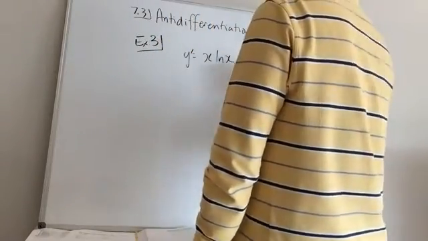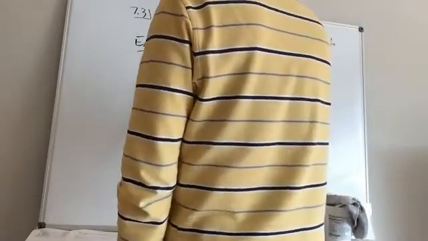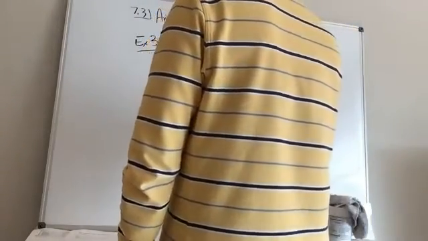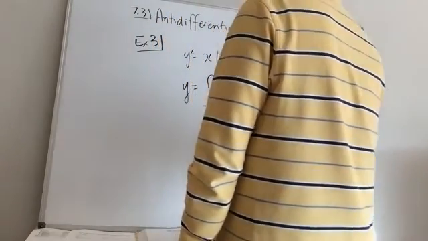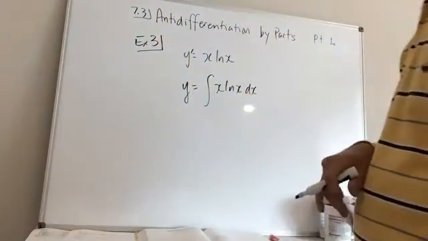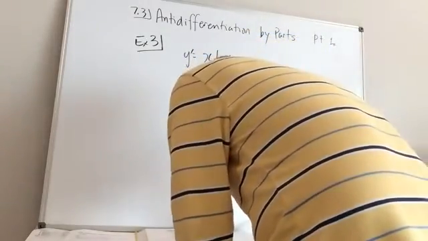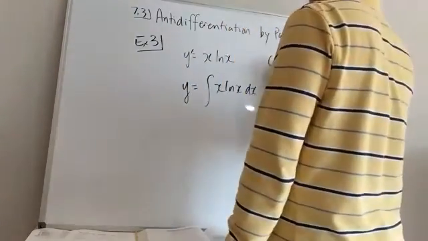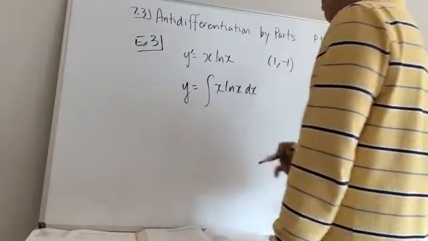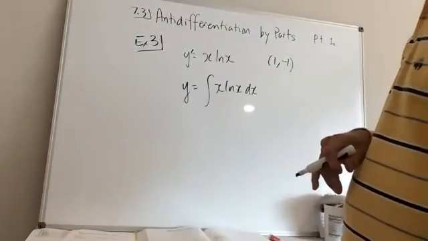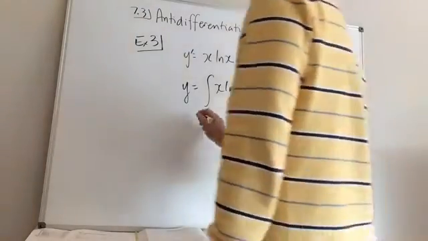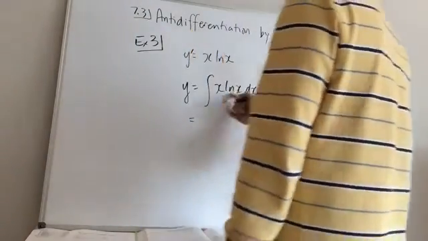Which means that I'm trying to find y, which is the antiderivative of this. But I'm given an initial condition that when x is equal to 1, y is equal to -1. Okay? So let's go ahead and work this.